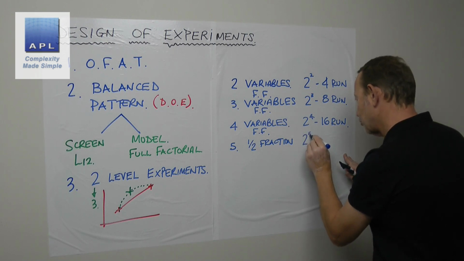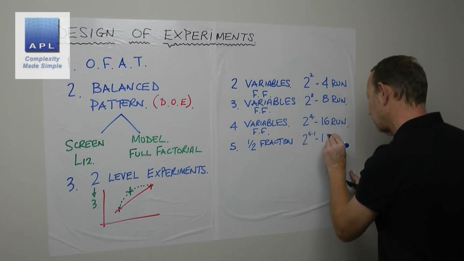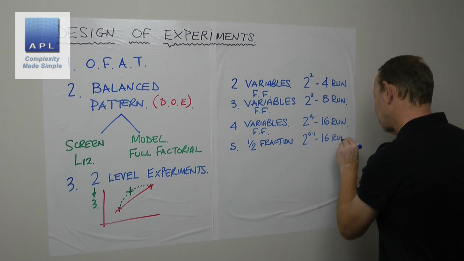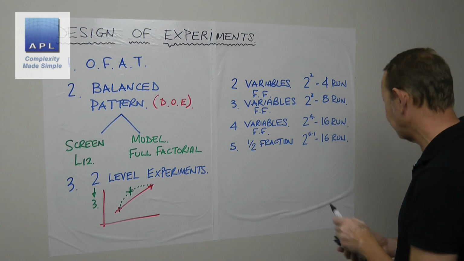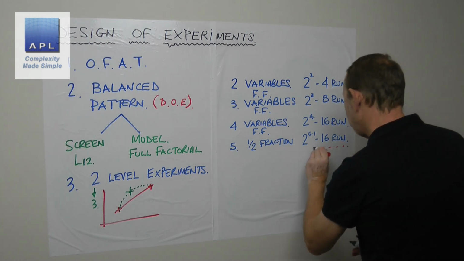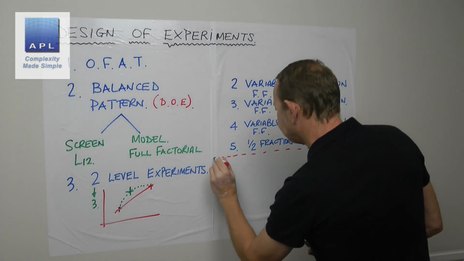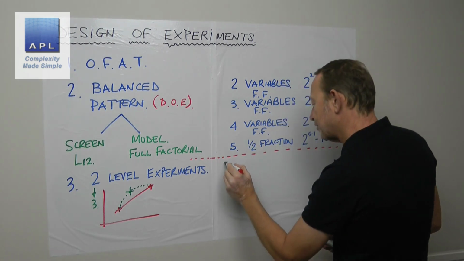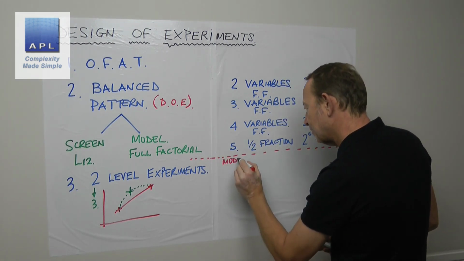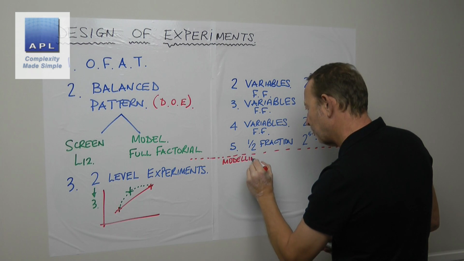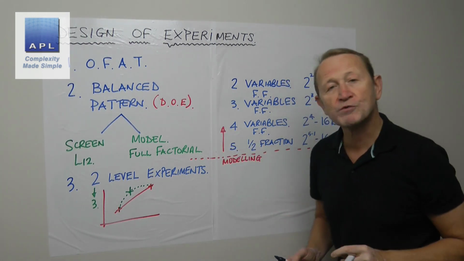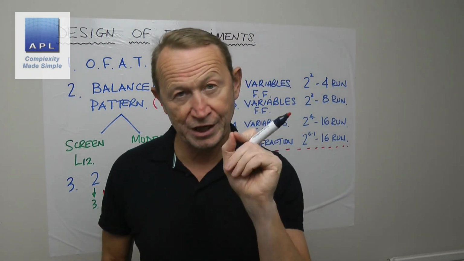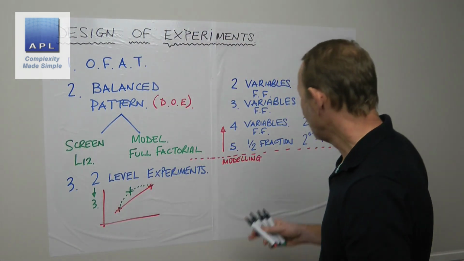It's known as the 2 to the 5 minus 1, 16 run. Again though, we are modeling. When we reach that point, that is the end of the modeling list. So modeling with small numbers of variables, that's what you're going to learn.